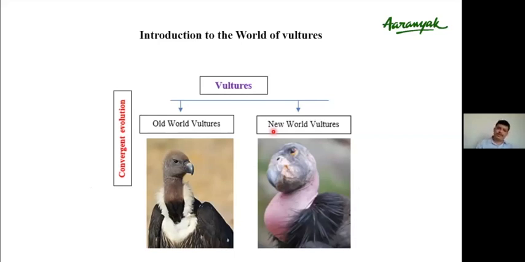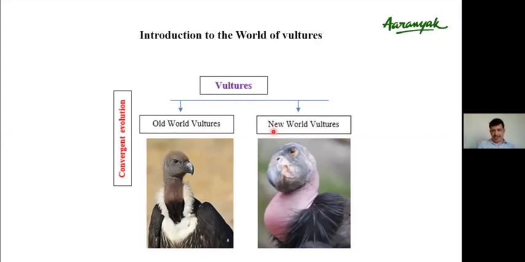But both groups do not share the same origin; you can say they have convergent evolution. A simple example is the flight of birds and bats: birds have feathers and bats have patagia, but both are used for the same purpose, flight.